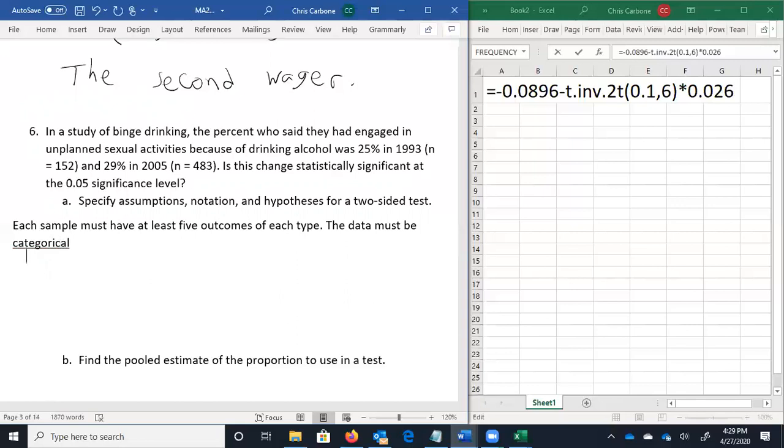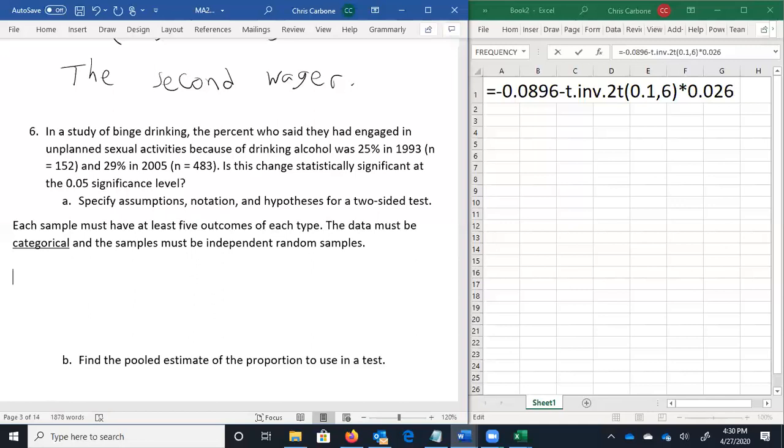Be helpful if I could spell. Data must be categorical, and these samples must be independent, random samples. So the only part of that you actually have to fill anything in is the word categorical. The rest of that comes pre-written out for you, which is nice. So there's that part for the assumptions.